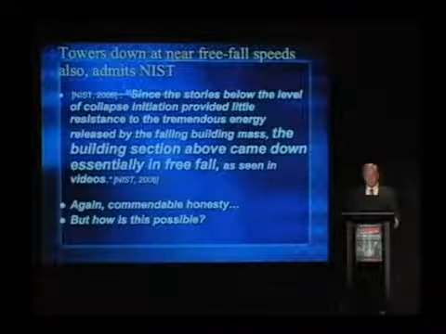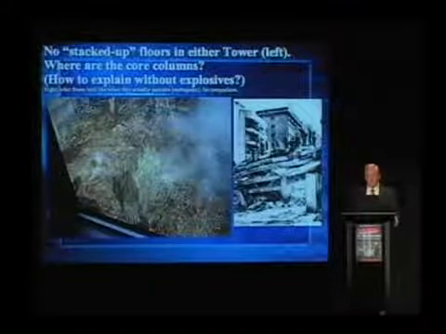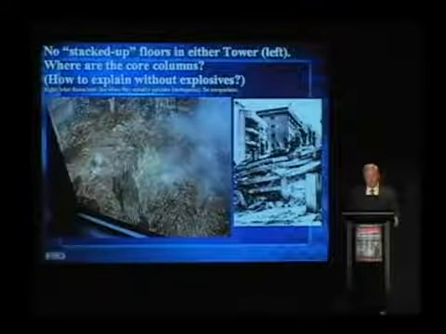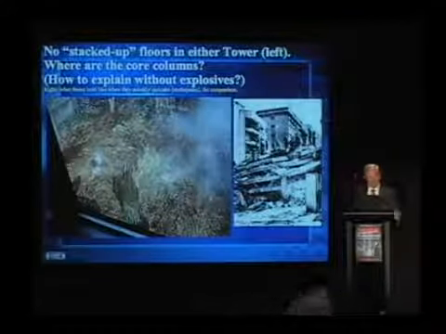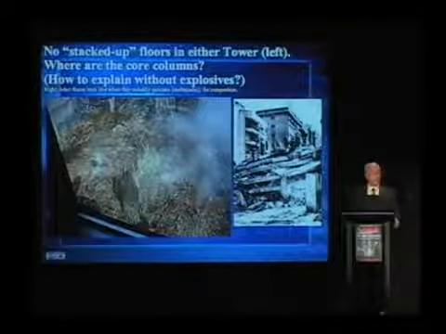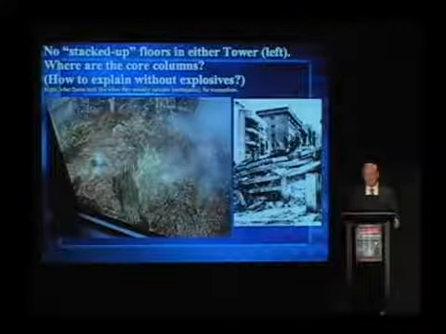So the official story is full of holes, just like the steel found. You see, it's just full of holes. By the way, the towers also came down at near free fall speeds. No stacked up floors. Here's an actual photograph following the collapse. Where are the stacked up floors if there's some pancaking going on? Like the Popular Mechanics article said, they're not there.